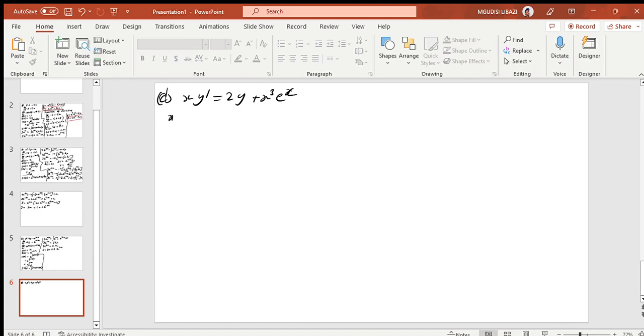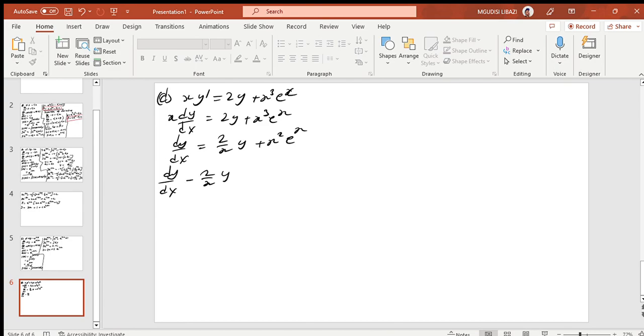So you can say x multiplied by dy over dx is equal to 2y plus x cubed e raised to x. Dividing by x, we get dy over dx is equal to 2 over x times y, plus x squared e raised to x. So dy over dx minus 2 over x multiplied by y is equal to x squared e raised to x.